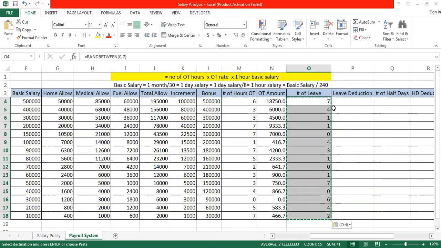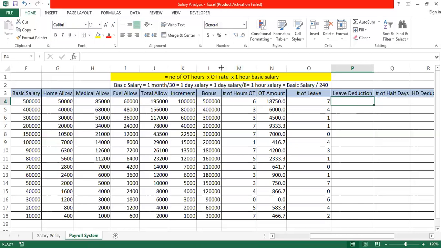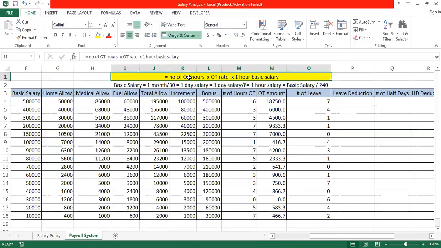Okay, now leave deduction. In order to have a leave deduction, we must know what can be the formula for leave deduction. So leave, 1 day leave, it means that we need per day basic salary. So instead of number of hours, we have number of leaves over here in the formula.